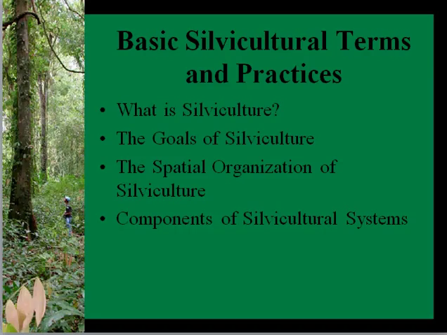We'll take a look at the spatial organization of silviculture, how silvicultural techniques and operations are organized within a forest spatially, and finally we'll take a look at the different components of a silvicultural system, or the different practices or techniques involved in a silvicultural system.